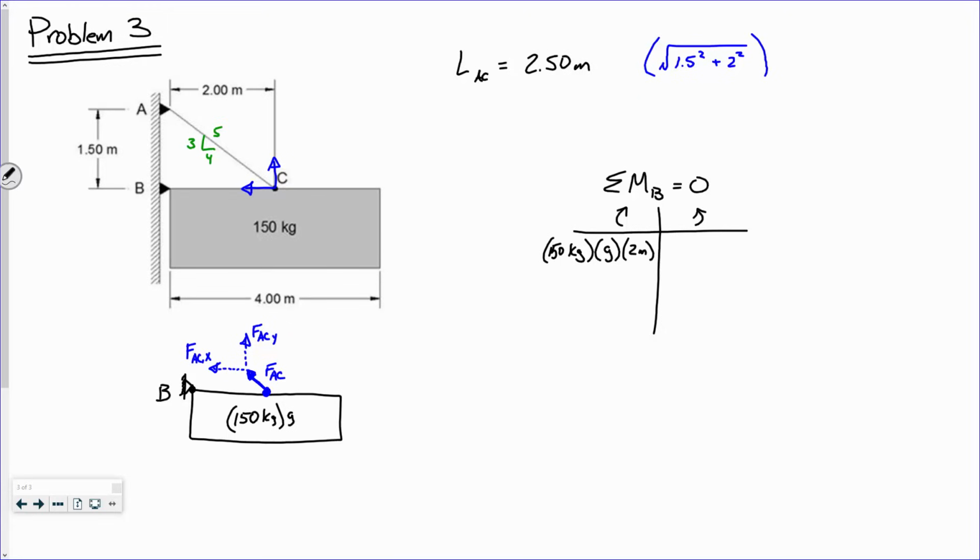But I also have FAC Y, acting at a distance of 2 meters. Make sense? Everybody okay with that? So the 2 meters are going to cancel, and I'm going to get that FAC Y equals 150 kilograms times G.